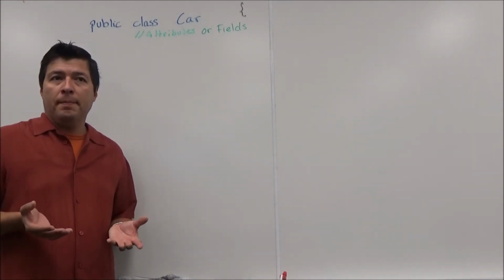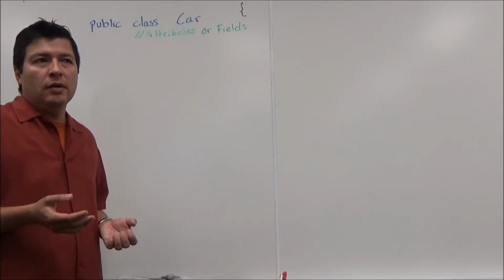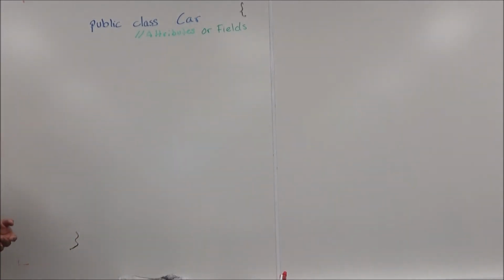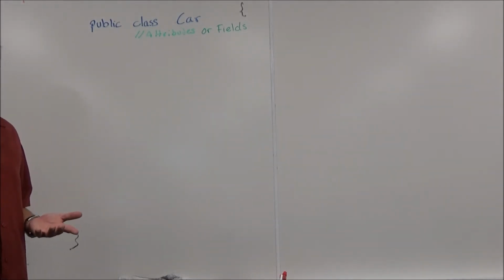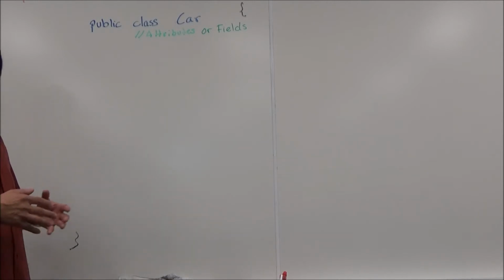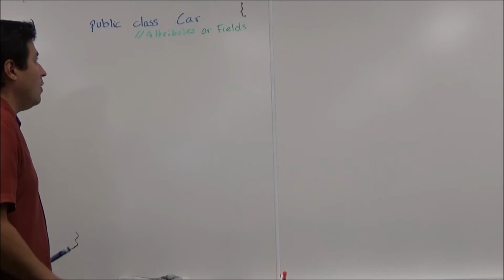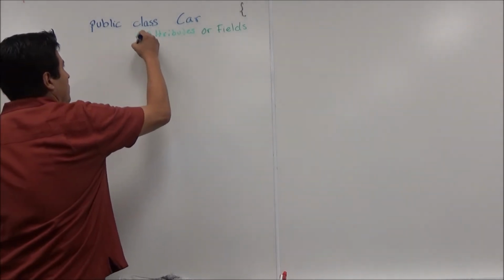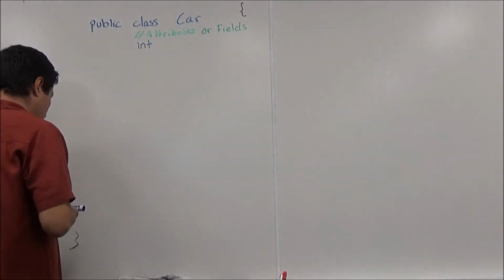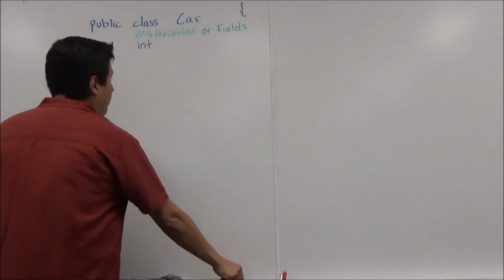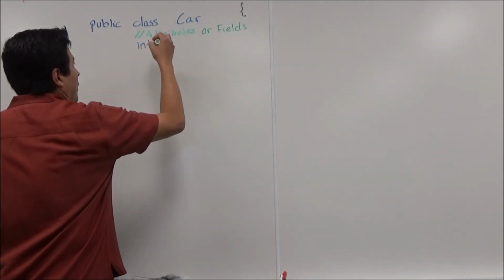Yeah, an integer, right? Because you don't say, I have a 2015.5 year, right? It's a number and it doesn't take decimals, so you say it's an integer. So we'll say I have a year.